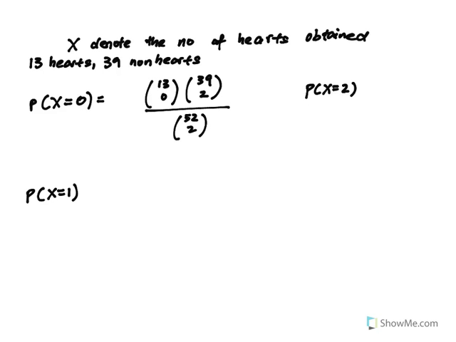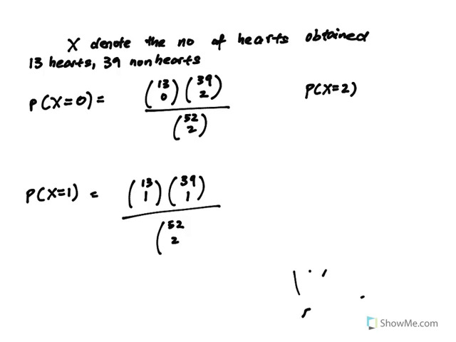Remember that the probability of A is the number of ways that A happens over the number of elements in the sample space. So this is what we are doing. Then the probability that X equals 1 would be 13 choose 1, choosing 1 heart from the 13 hearts, and 39 choose 1, choosing 1 non-heart, over 52 choose 2.